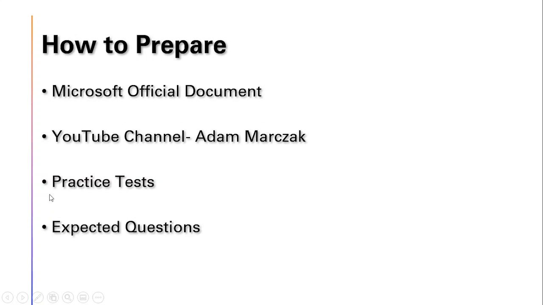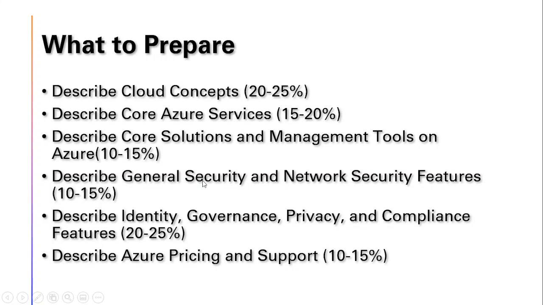The next one is, sorry, general security and network security features. Its weightage is 10 to 15%, and then identity governance, privacy and compliance features, which is again of more weightage like cloud concept. This is also of 20 to 25% weightage, and then Azure pricing and support section, which is of 10 to 15% weightage.